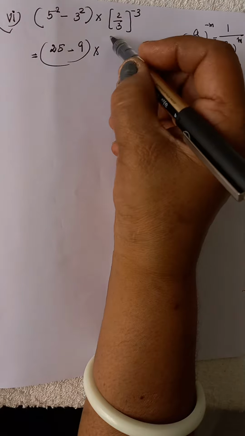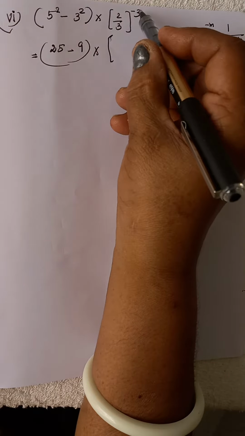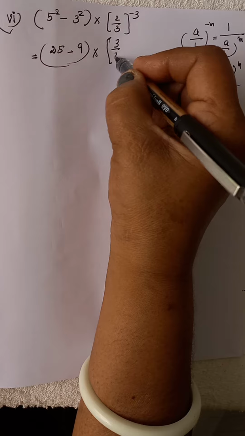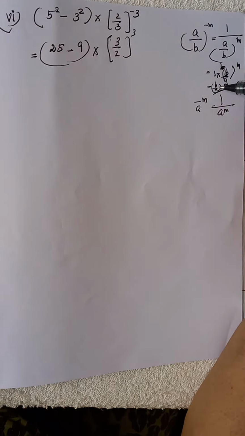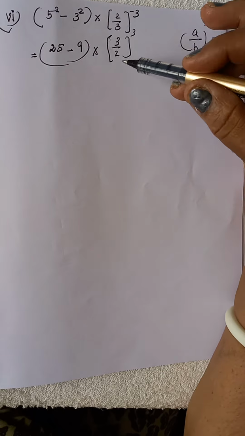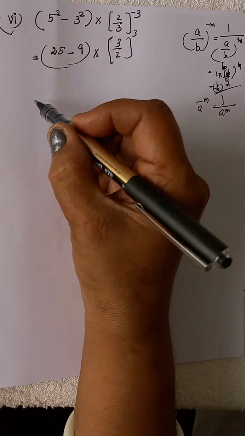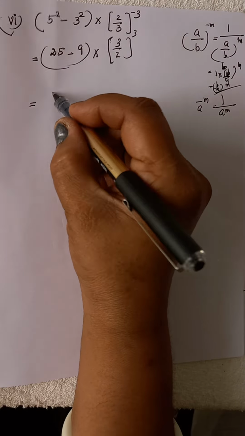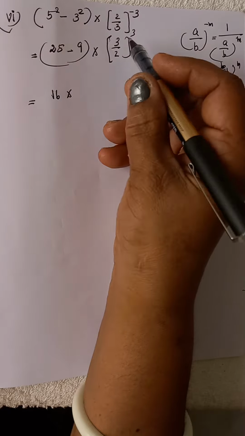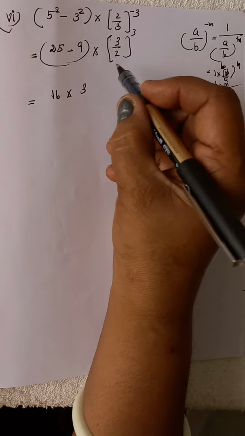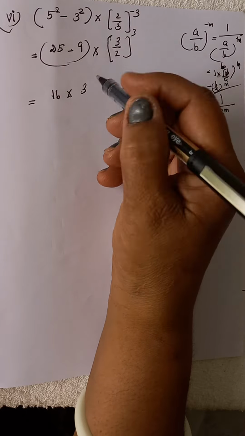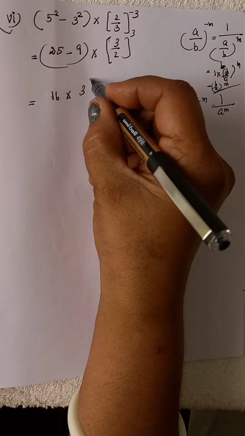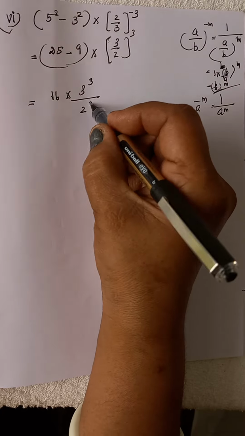Now here like that. 2 by 3 raised to minus 3 means 3 by 2 raised to 3. A by b raised to minus m is b by a raised to m. So 3 by 2 raised to 3. 25 minus 9, that is 16 into 3 cube. (a by b) whole raised to m is a raised to m by b raised to m. By using that here, 3 raised to 3 by 2 raised to 3.